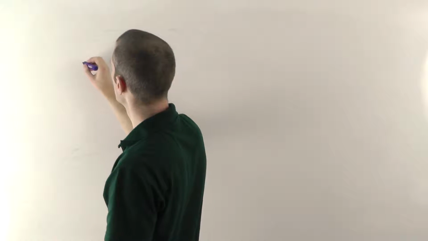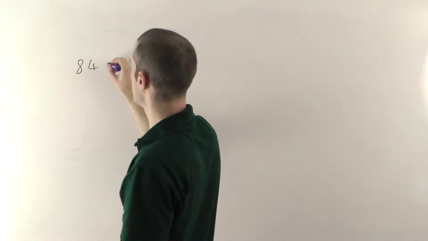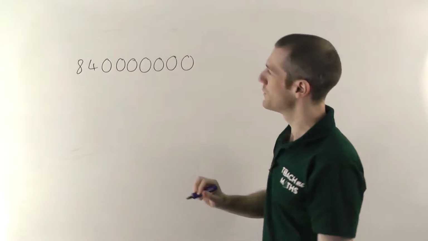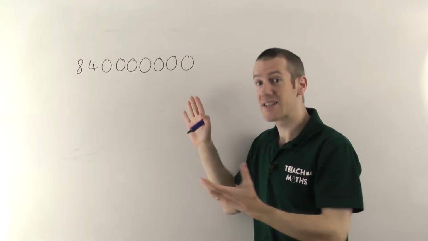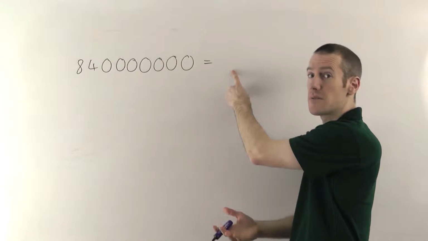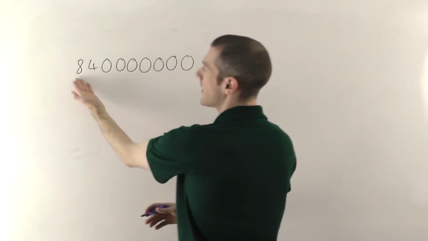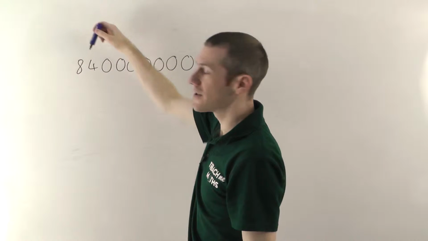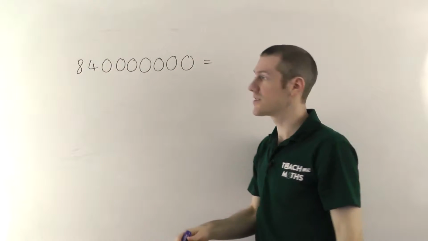So if we try having a really big number with a bunch of zeros, that'll do. Imagine we wanted to write this in standard form. So the first thing is we need a number between 1 and 10. And you've always got that from the front bit on the number. You just have to work out where to put your decimal point so that you end up with a number that's between 1 and 10.